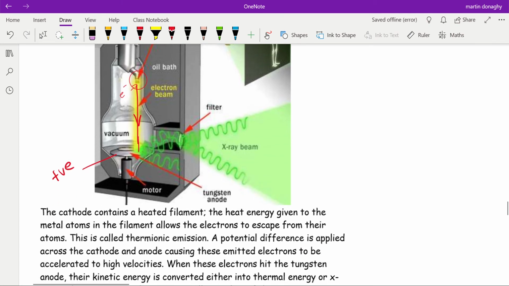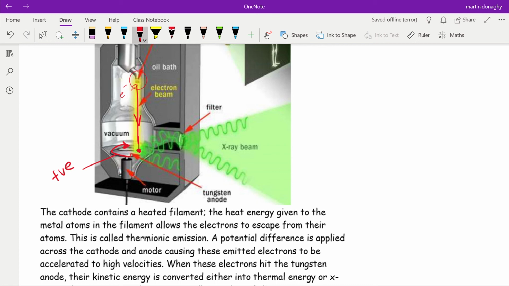So maybe about 99% of the electrons that hit into the tungsten atom just generate heat energy rather than X-rays. For that reason, this little anode down here, you see there's a little motor. It tends to turn around so that the point that the electrons are hitting into down here changes, otherwise it would heat it up and melt the metal. So we have to spin it around to allow other parts of the tungsten anode to cool down.